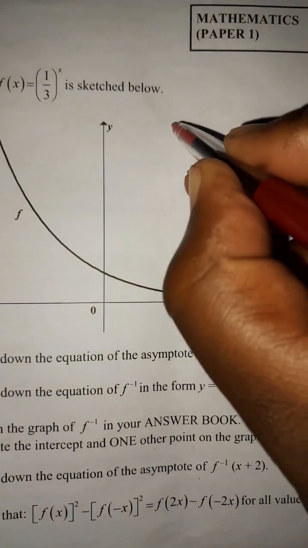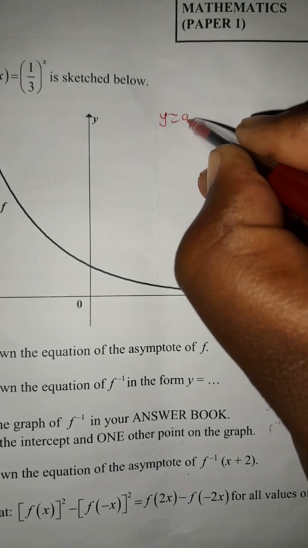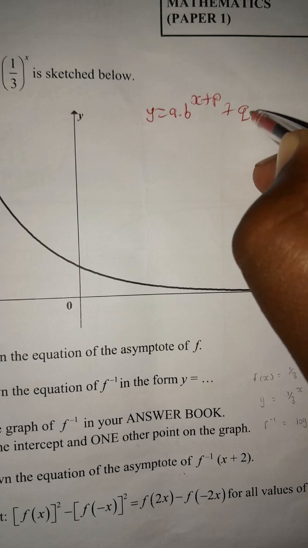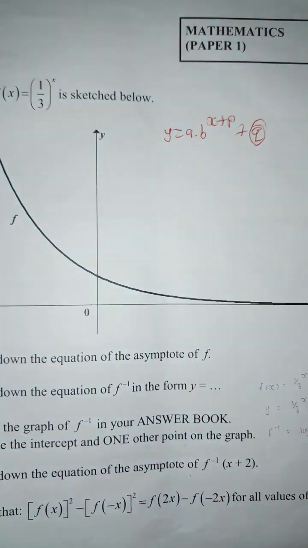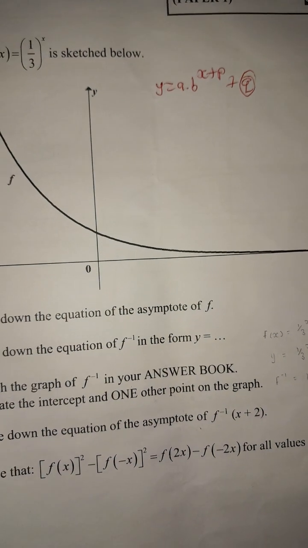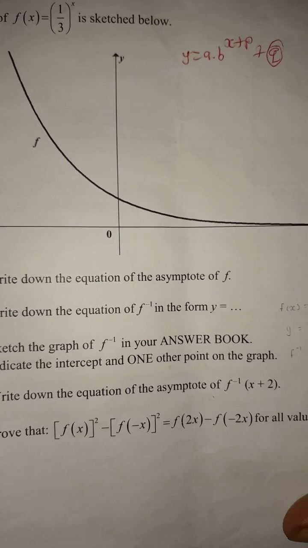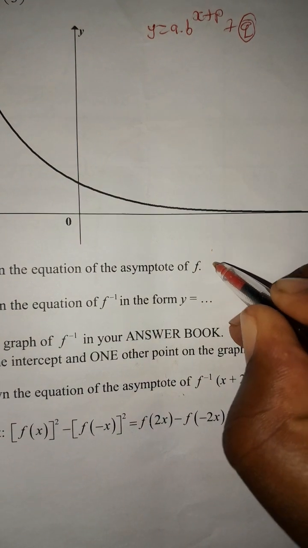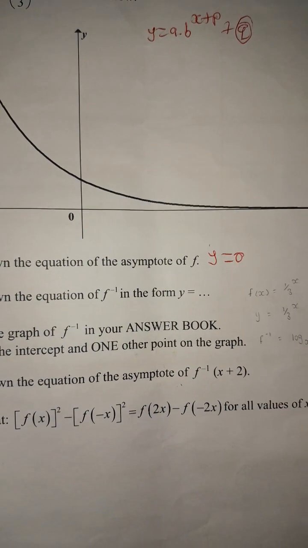Why am I saying so? Because remember that in grade 11 we were taught this form. It's not given here, so we don't have the equation of the asymptote of f. So in this case, you could just say y equals 0.